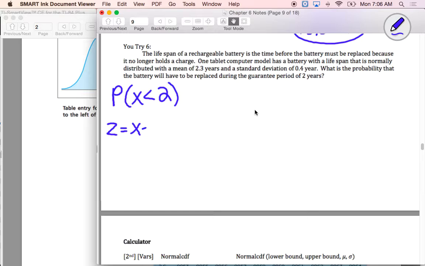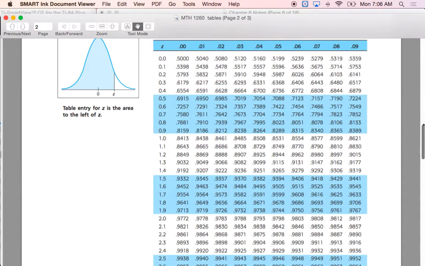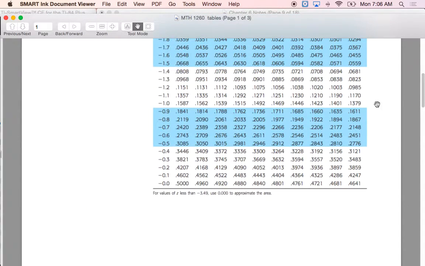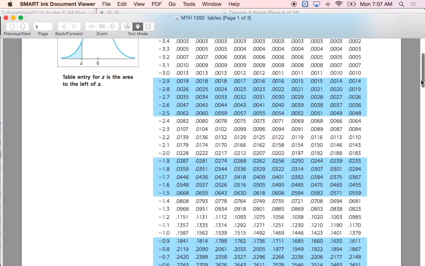So change it to your z. Change that, you get a negative 0.75. And again, we're going to go to our table and look for negative 0.75. So we have negative 0.7, it's down there.